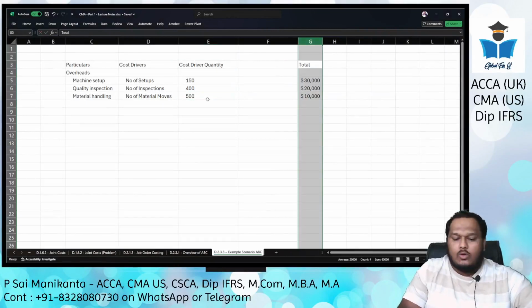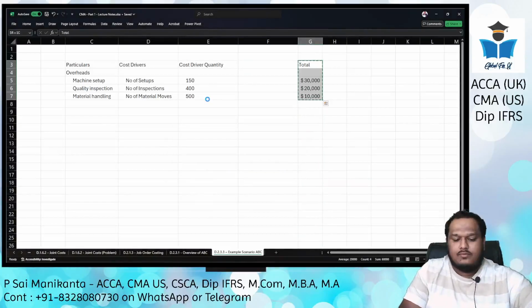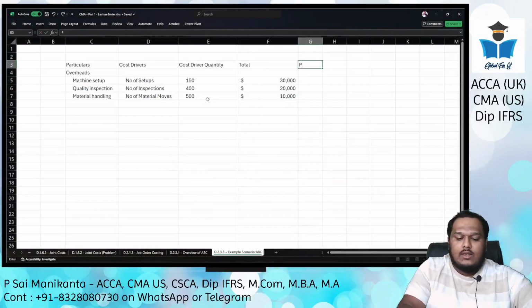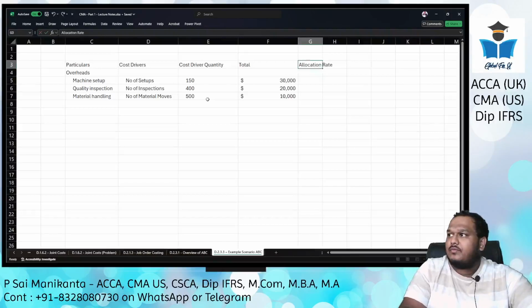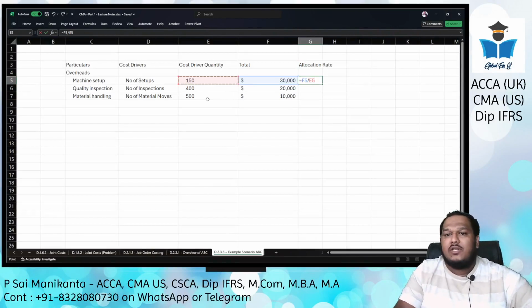So we know the total expense. I'll just put it there. Next, per unit quantity of driver, or allocation rate. So $30,000 for 150 machinery setups, so per setup it will be 200.